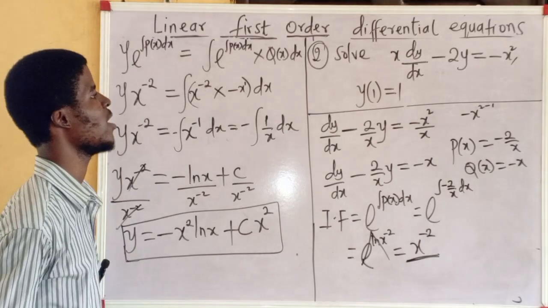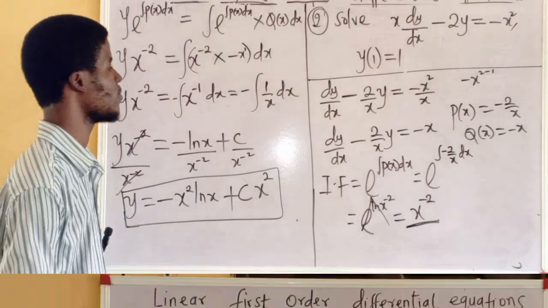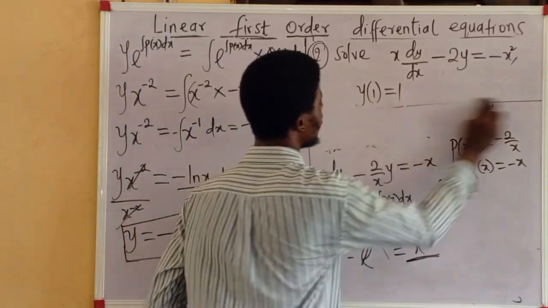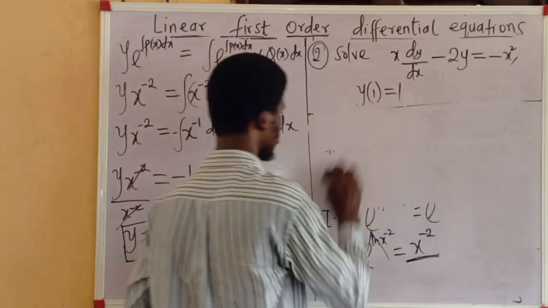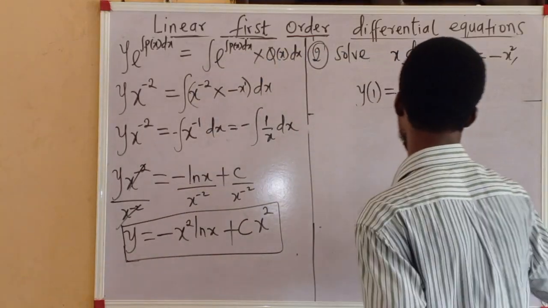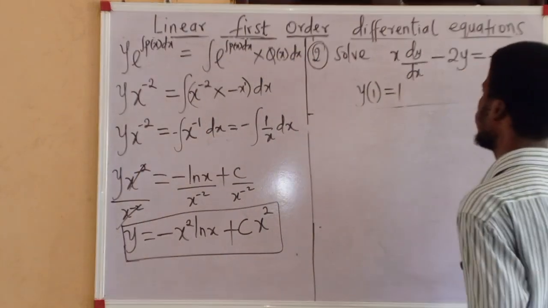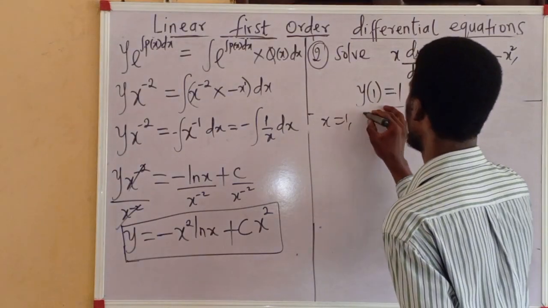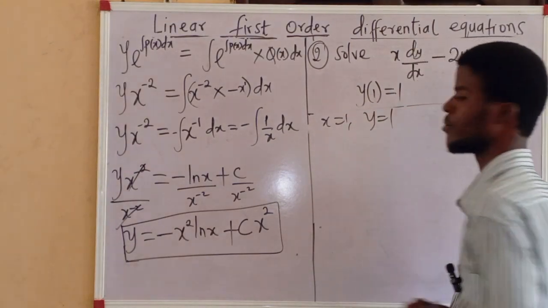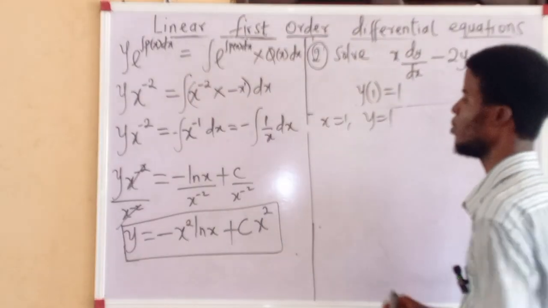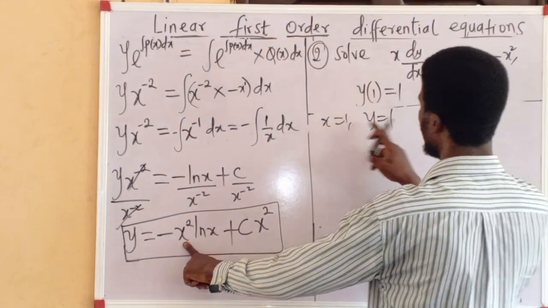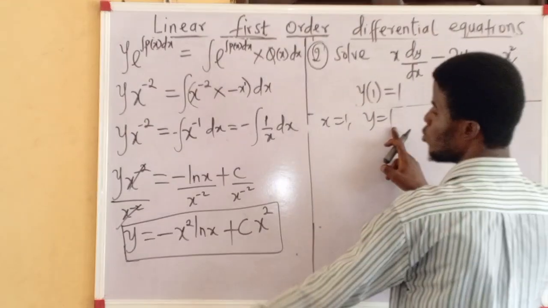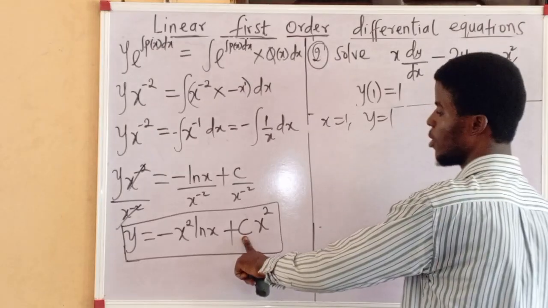So it is time to apply the initial condition now. The initial condition is this: y of 1 is equal to 1. So when x is equal to 1, y is equal to 1. This 1 here is for the x, and this 1 is for the y. So in place of x here we can put 1, and in place of y we'll put 1, and we'll solve for c, the constant.